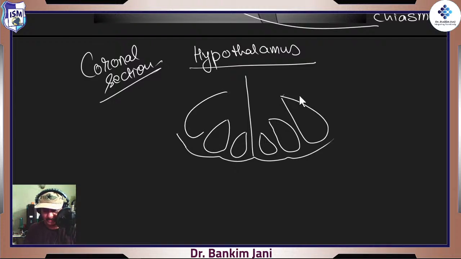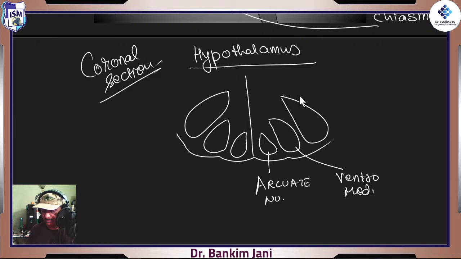So simply speaking, we just say this is the arcuate nucleus. This one is ventromedial, and this one is lateral, the lateral hypothalamic area.